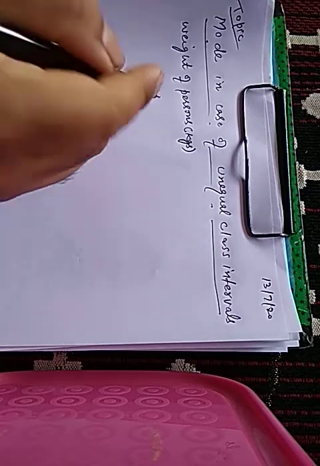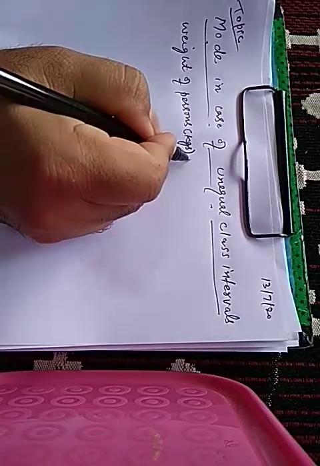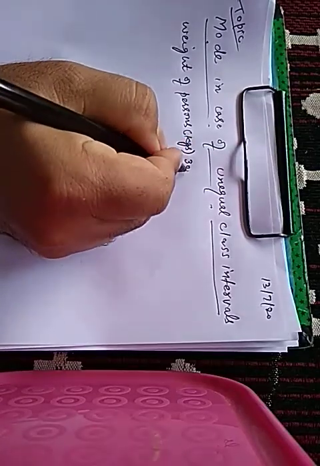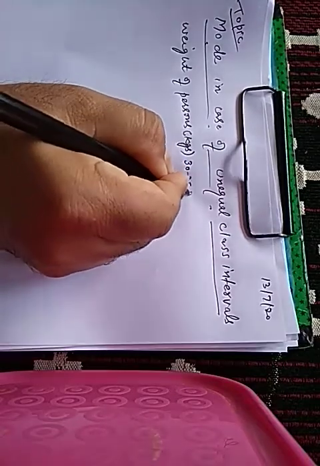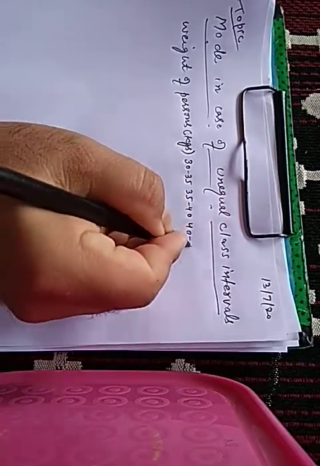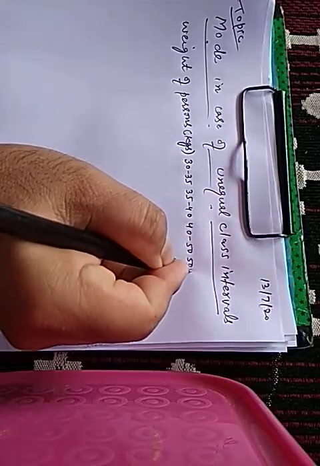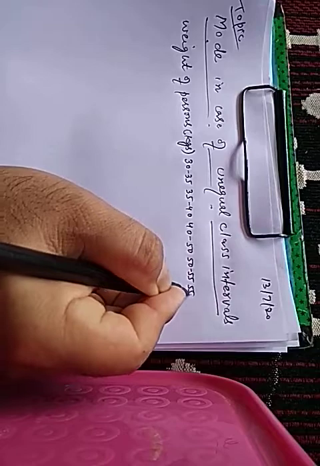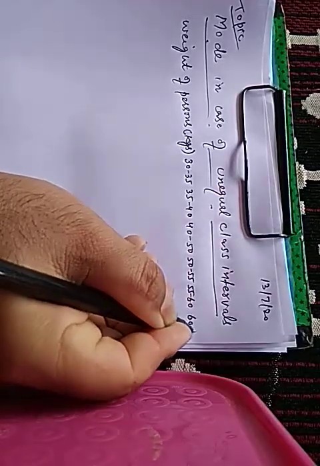For example, the data given is weight of persons in kgs, and the values are 30 to 35, 35 to 40, 40 to 50, 50 to 55, 55 to 60, and last is 60 to 70.